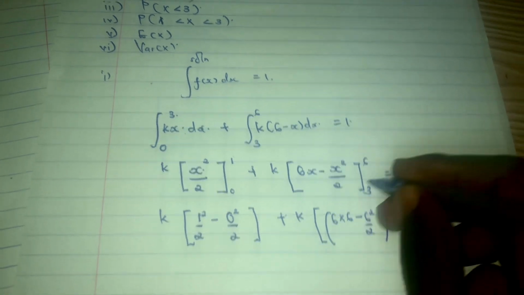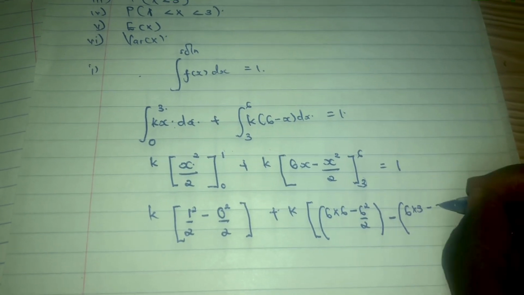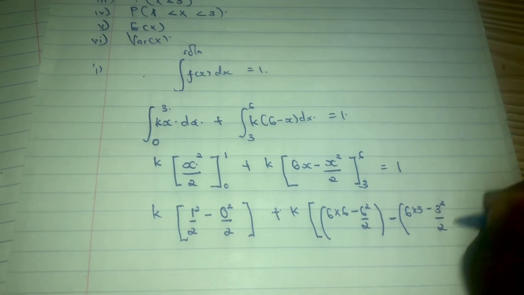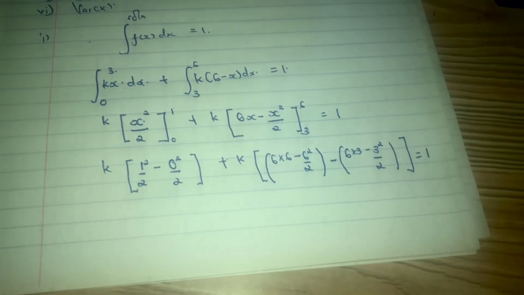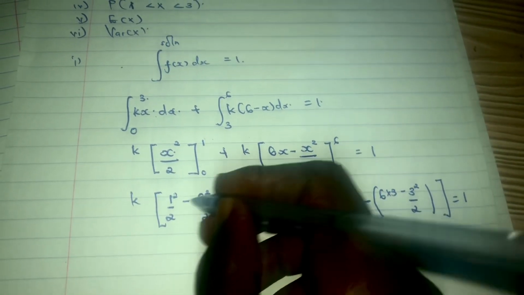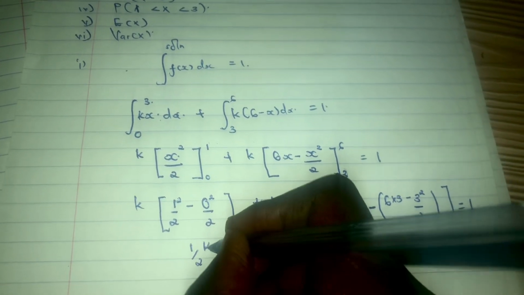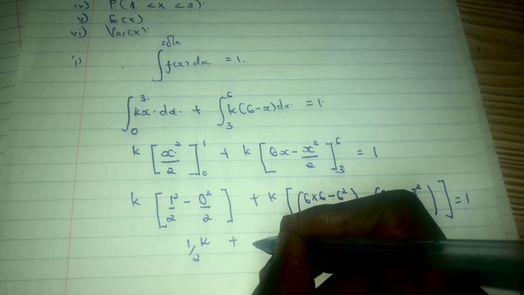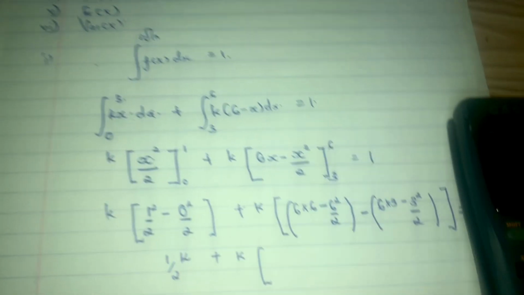Then you subtract what you get when you put in 3, 6 times 3 minus 3 squared over 2. And here you equate this to 1. So here a half minus 0 over 2 will give you a half k. Are we together?